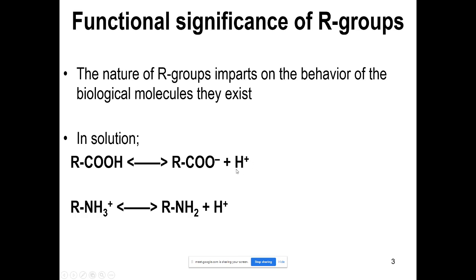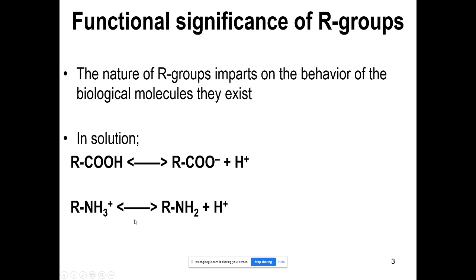These hydrogen ions released in solution will cause the pH of that solution to go down, causing the medium to become acidic. So whenever you have a carboxyl group anywhere, just know that in solution it is going to dissociate, releasing protons and thereby making that medium acidic. That means that if a macromolecule contains many of these carboxyl groups, that macromolecule is going to largely adopt an acidic behavior.